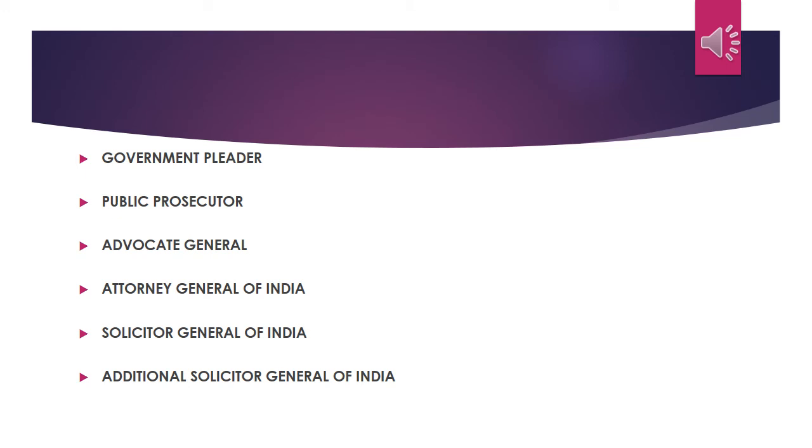The third highest is the Additional Solicitor General of India. The role of the Additional Solicitor General is the same as that of the Solicitor General, assisting the Attorney General and Solicitor General, and they too can argue for the state. They represent the state in court and fight the cases.